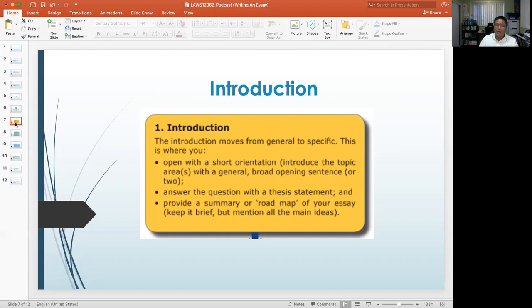So as I said, you'd probably say, this is what the topic is about. And based on the topic, I'm going to show you, you're saying that this is important, it's relevant. And then I'm going to focus on an aspect of this particular topic and advance an argument that alternative dispute resolution is something that will probably overtake the curial or the litigious system or the adversarial system of dispute resolution in Australia or the world.